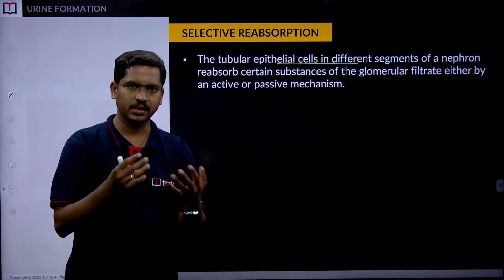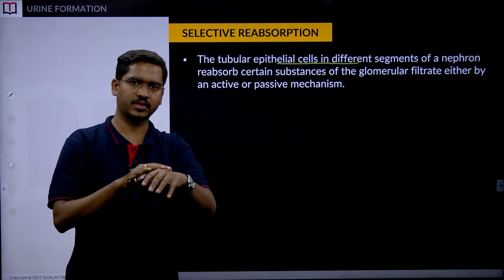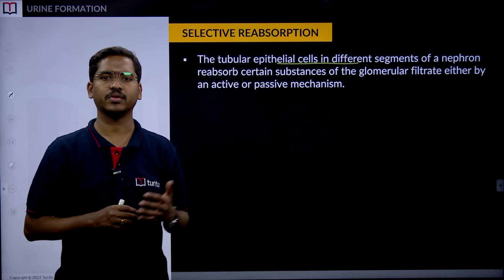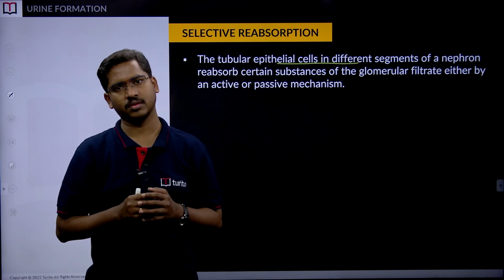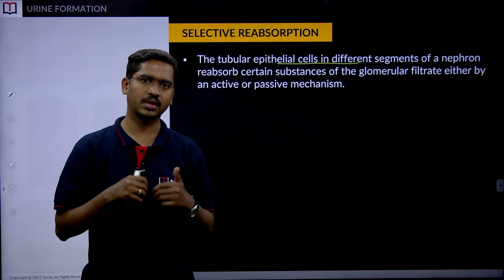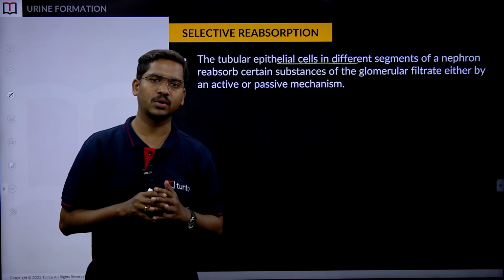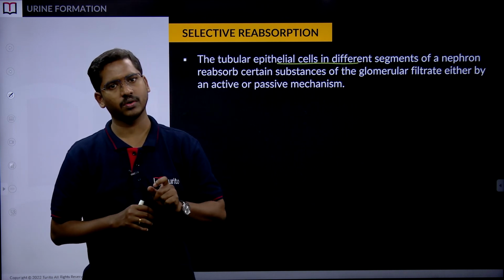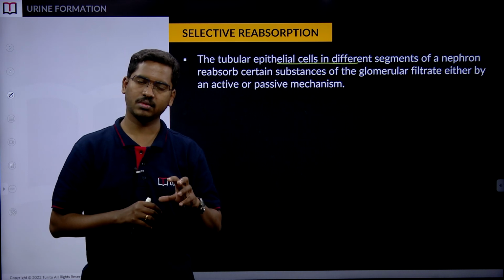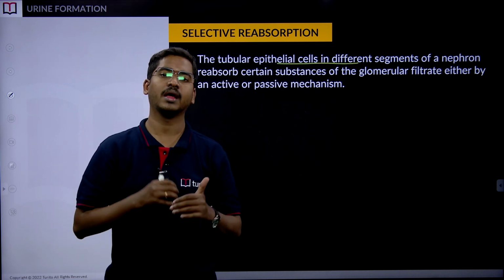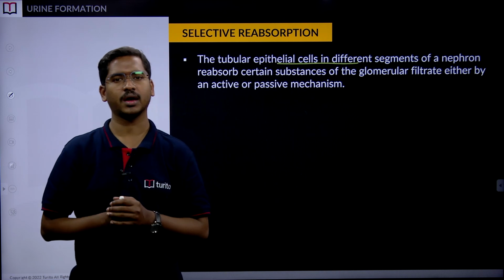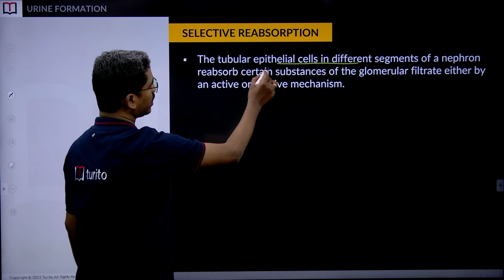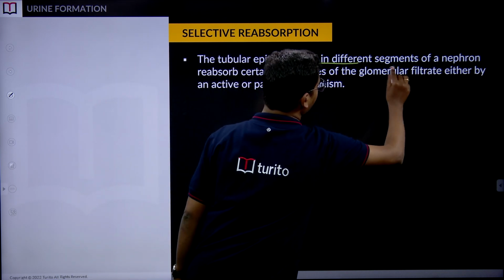They are present on our body skin, on the surface of the organs, on the blood vessels, and inside the internal lining of the stomach. The same stands for the internal lining of the arteries and veins, and the same stands for the nephron. Even the nephron has a similar structure. That is why it says the tubular epithelial cells in different segments of a nephron.